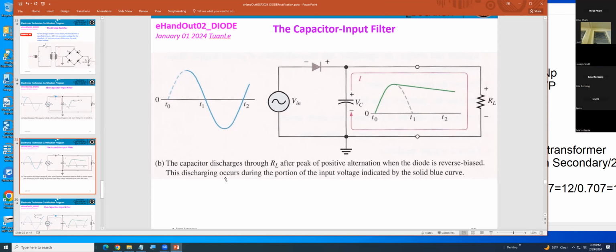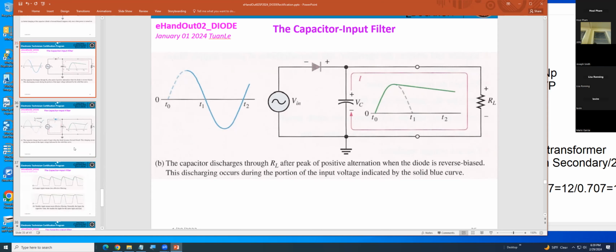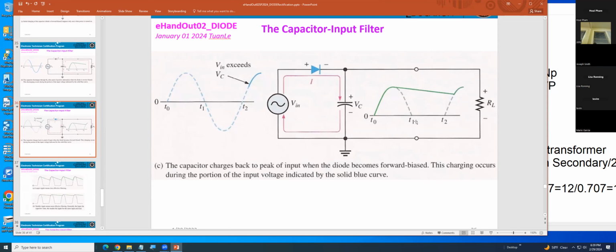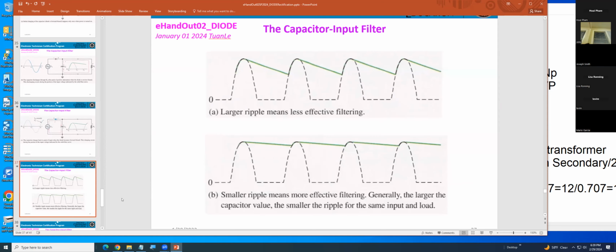This discharging occurs during the portion of the input voltage indicated by the solid blue curve. That means this negative part here, the capacitor will be discharged. You see that discharge, then later on, positive charge again. That's how. So basically, it discharges, then charges again.